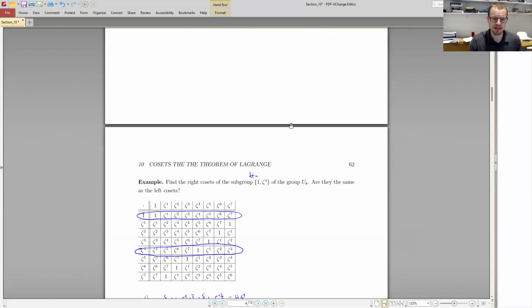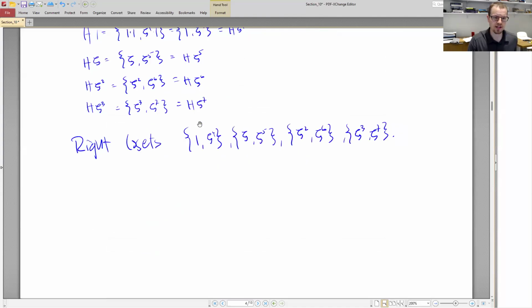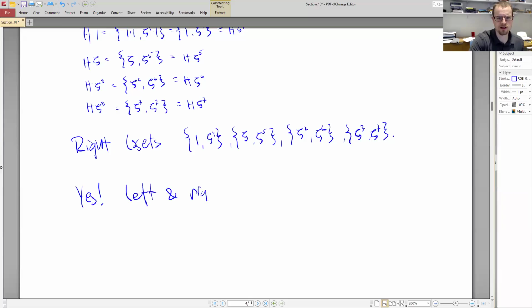So this looks really good. Yes, left and right cosets are the same.